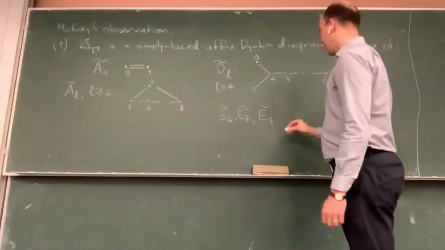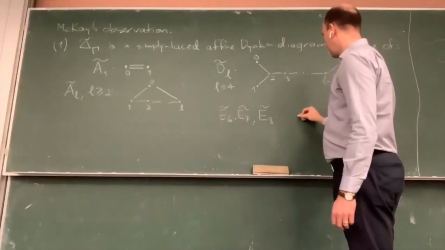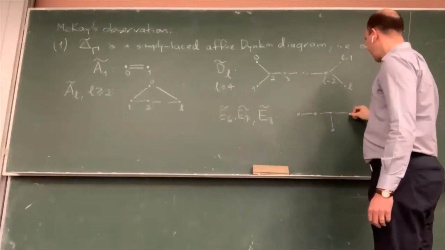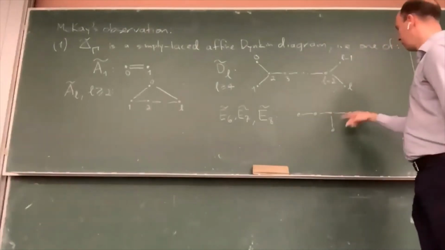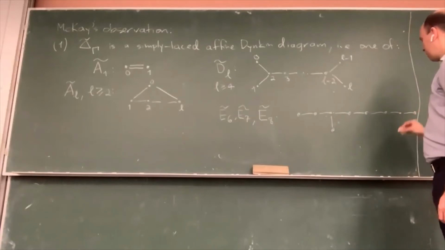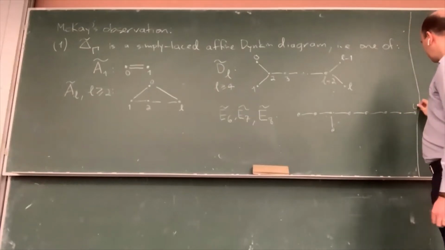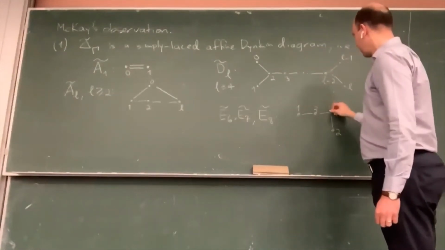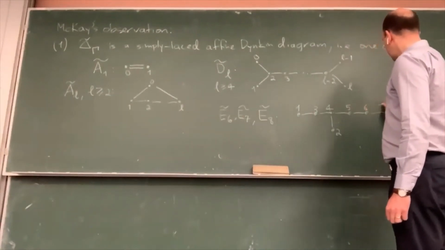So E8 tilde is the graph which looks like this. So in the Bourbaki numbering, that would be 0, that's 1, that's 2, 3, 4, 5, 6, 7, 8.